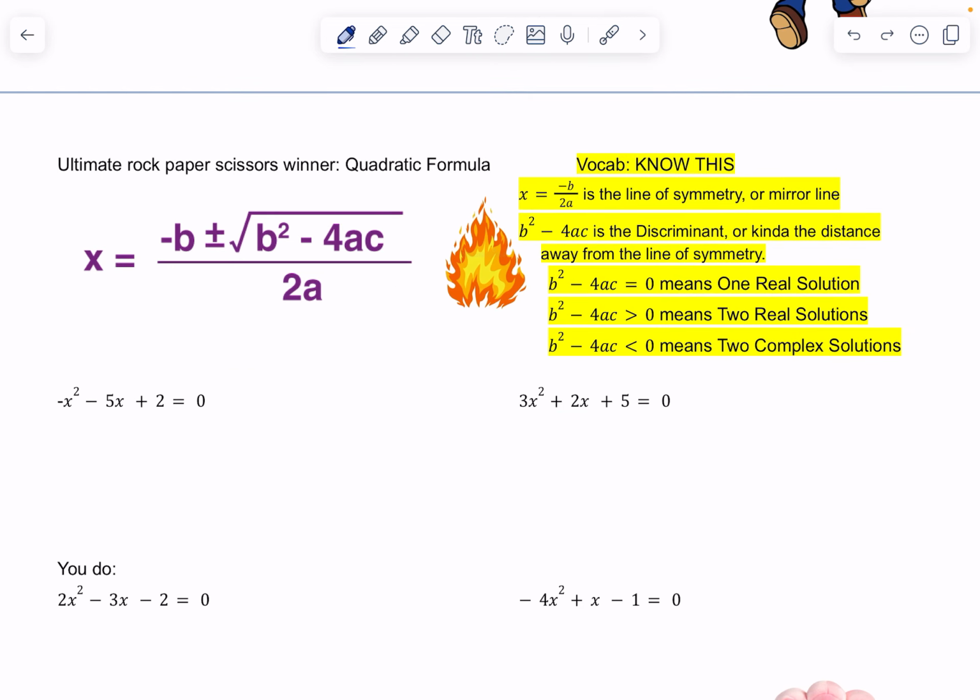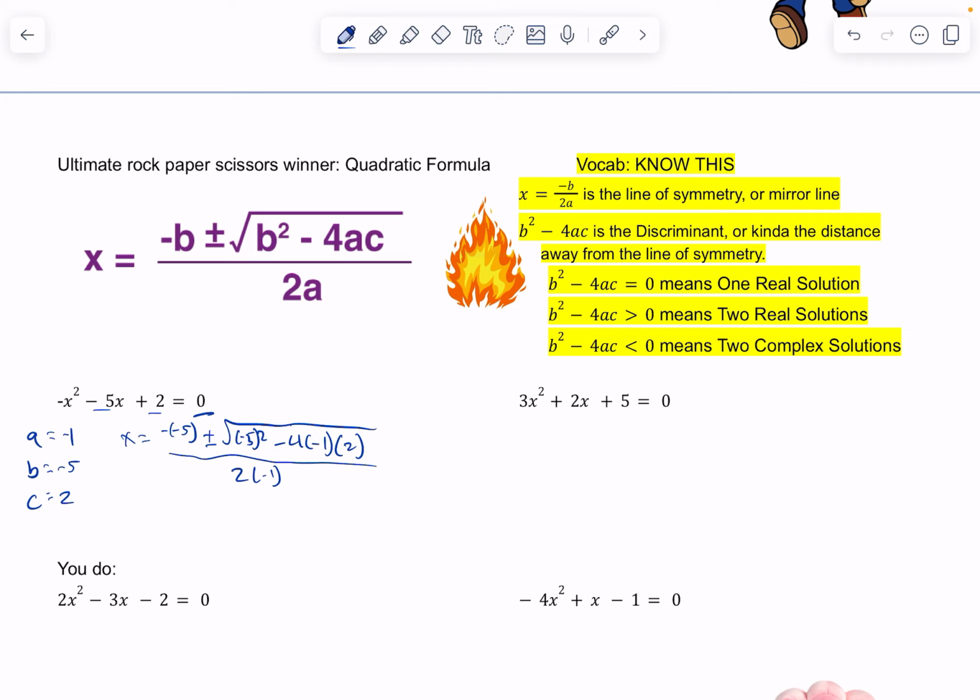Again, you always want to set everything up so it's equal to 0 on one side. I preferably like to put my a, b, c on the side so I know what I'm plugging in. I have -1 here, I have -5 here, and I have 2 here. All right, let's plug a bunch of numbers into the formula. -5 plus or minus the square root of -5 squared, which is going to be 25, minus 4 times -1 for a, and then c is 2, all over 2a, which is 2 times -1.